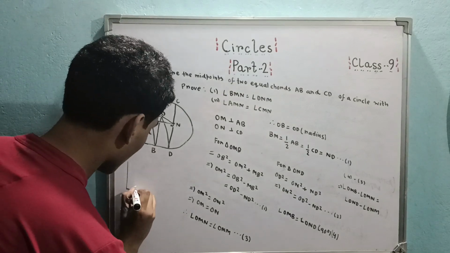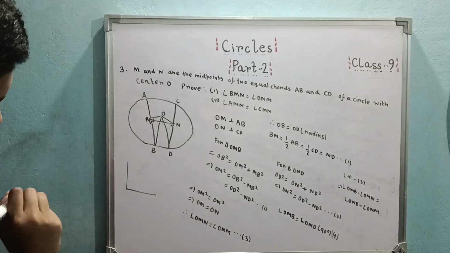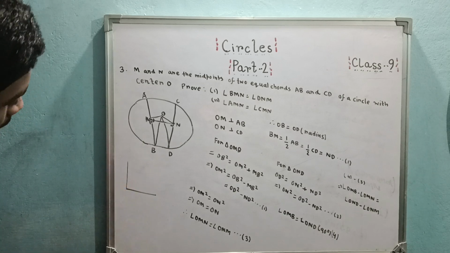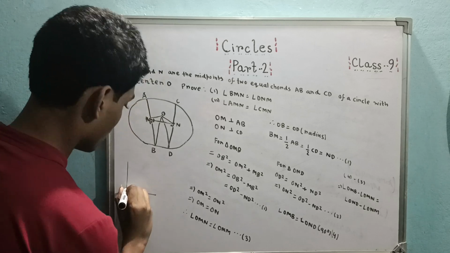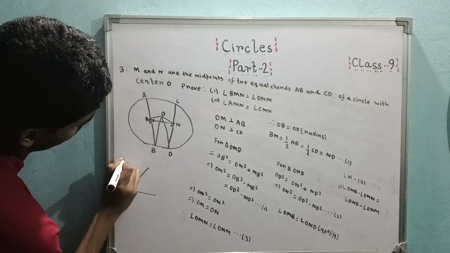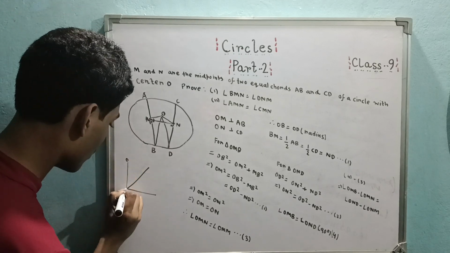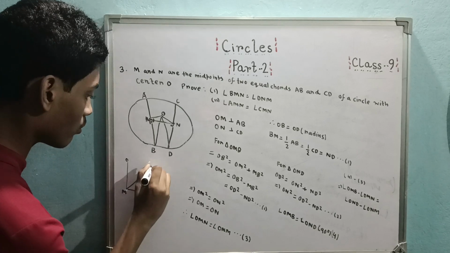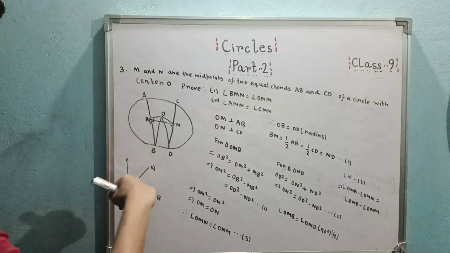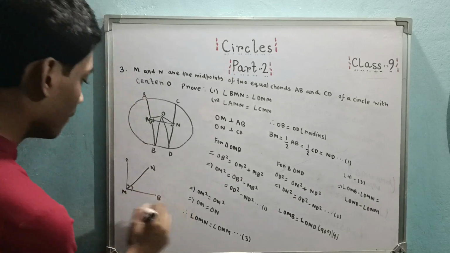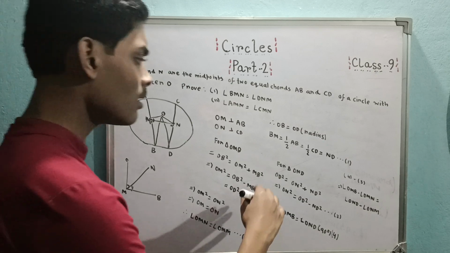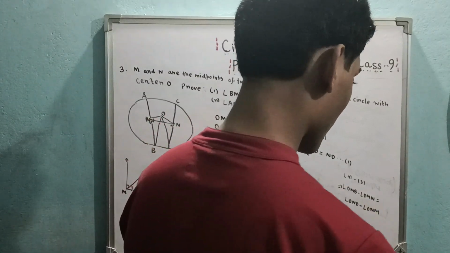This is suppose the angle OMB, and then you have an angle like this. This is OMB. This is OMN. So from OMB, if you remove OMN, you have BMN remaining, right? Yes. So angle OMB minus OMN is angle BMN.